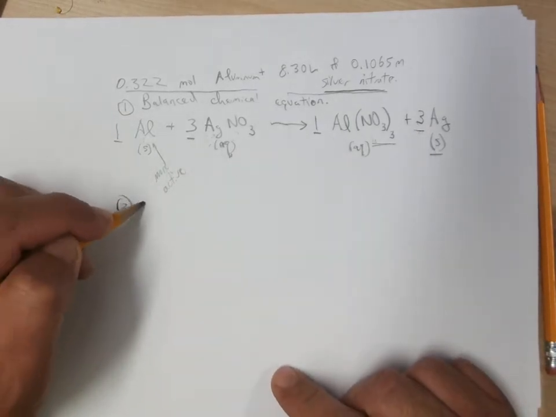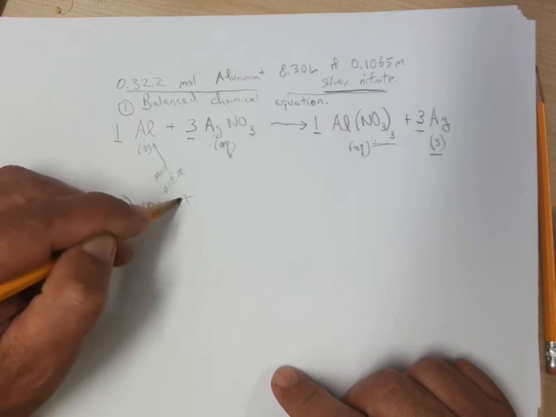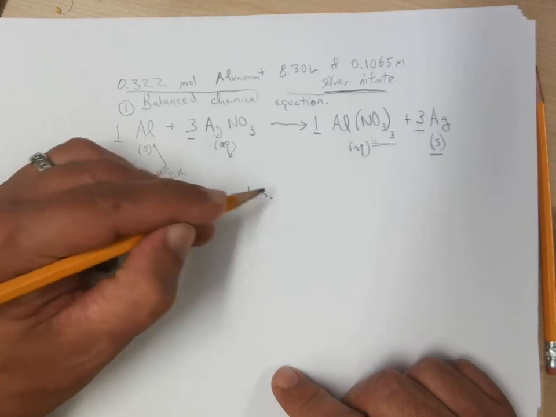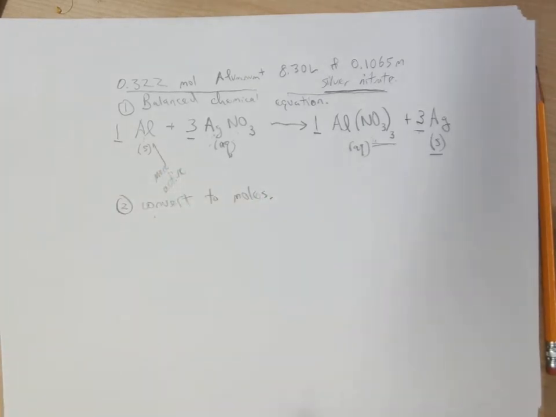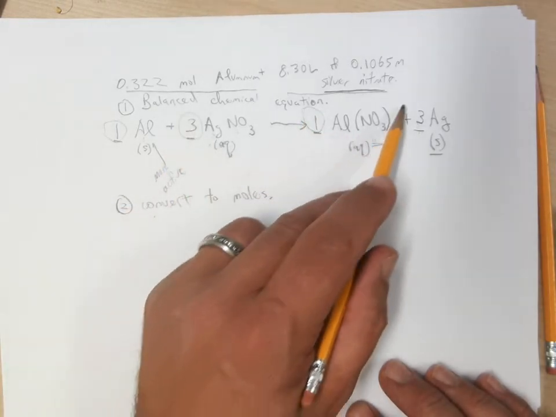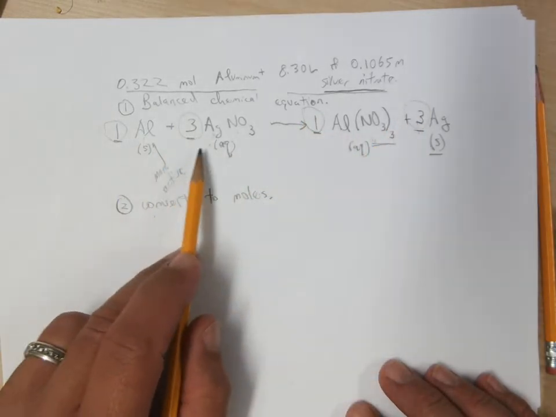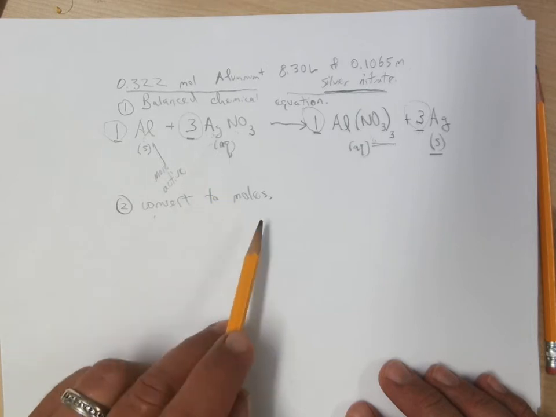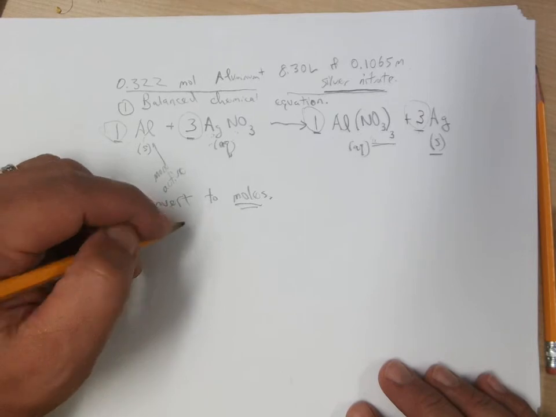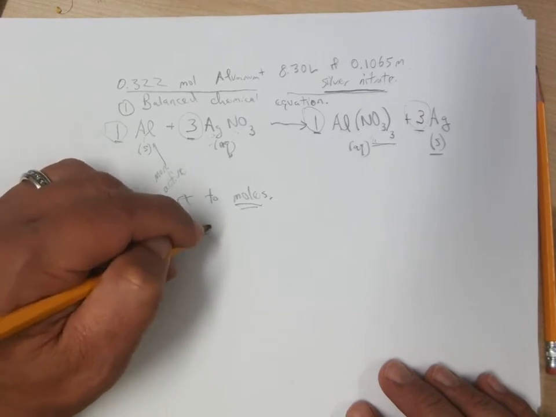The second step, you want to understand that what you're trying to do is convert to moles so that you can work with the coefficients of the balanced chemical equation, which are mole amounts. So 1 mole of aluminum reacts with 3 moles of silver nitrate. You need to have your amounts of material in moles. The aluminum is already given to us in moles.